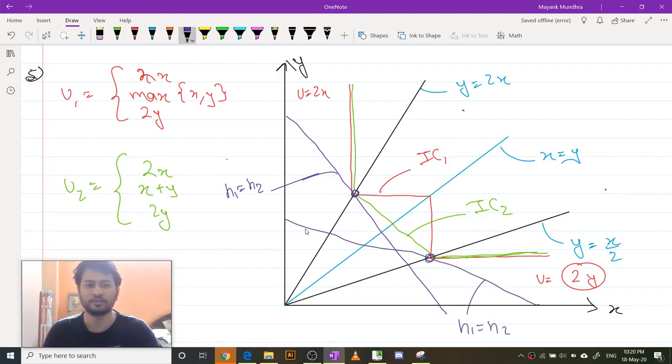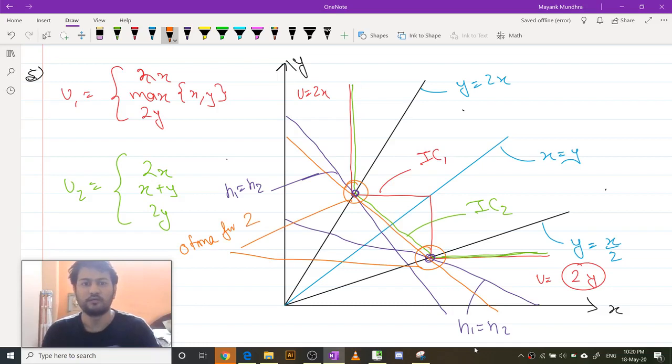So h1 equals h2. But in the situation where the budget line exactly coincides with this 45-degree line, then the optima for agent 1 are these 2 points, whereas this entire section is the optima for agent 2.